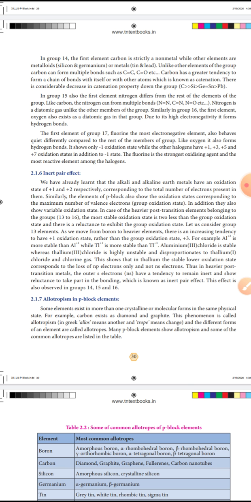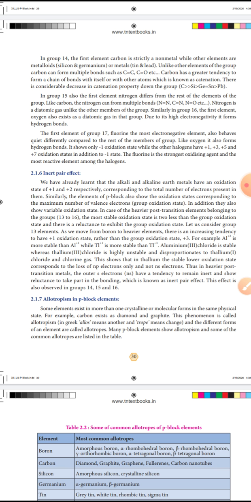In groups 13 to 16, as we move in the 13th group from boron to the heavier elements, there is an increase in the tendency to have the +1 oxidation state rather than the group oxidation state +3.